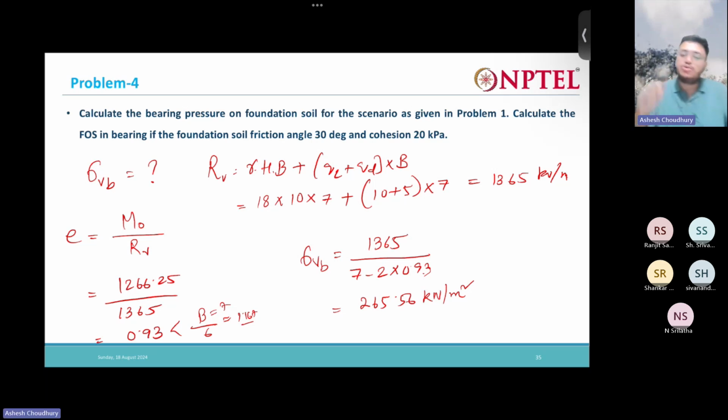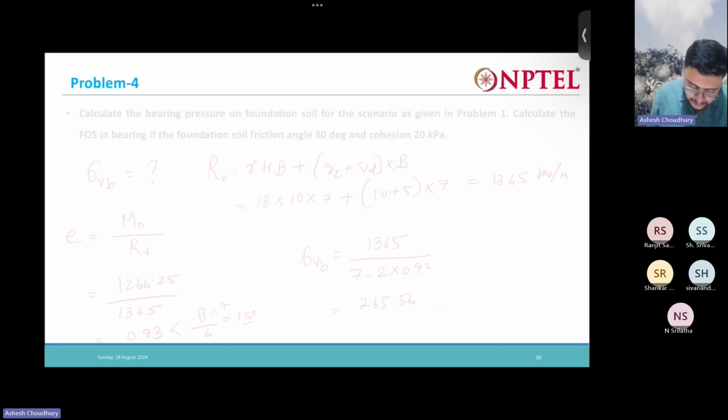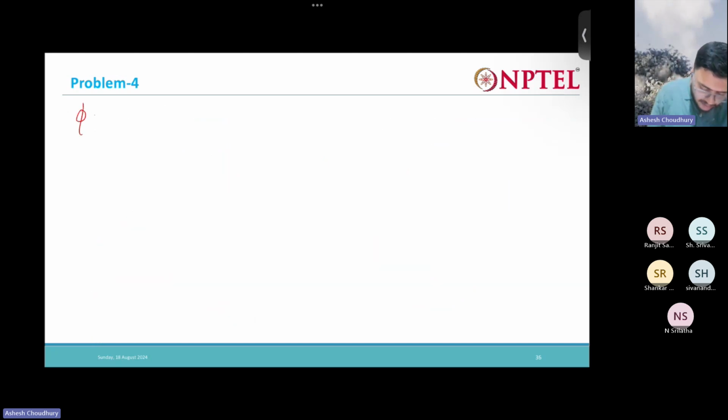Okay, now what you need to do? Calculate the factor of safety in bearing if the foundation soil friction angle is 30 degree and cohesion is 20 kPa. These are the properties of the foundation soil that is given to you. So you need to calculate the bearing capacity of the foundation soil. Our phi of the foundation soil is 30 degrees, less than 36 degrees, so we will consider local shear failure. So we find out phi dash. Phi dash is nothing but tan inverse of 0.6 tan phi. All these are given in IS 6403.